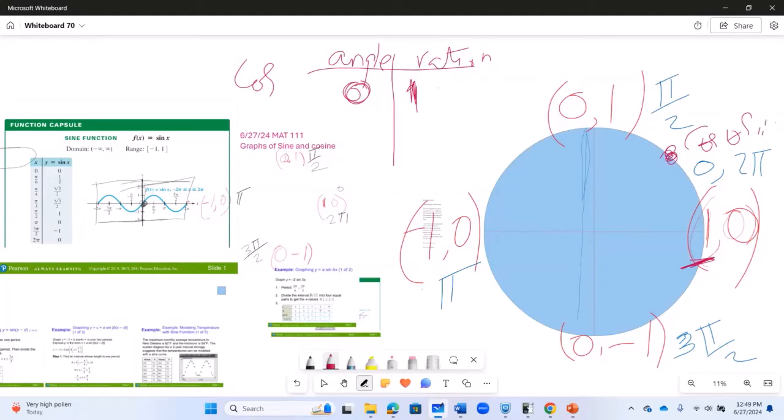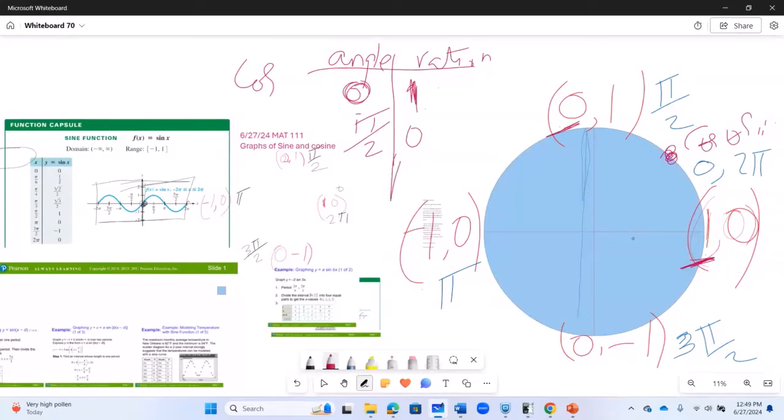So cosine of 0 degrees is 1. Cosine of 90 degrees is 0. Let me continue working in radian. So cosine of pi over 2 is 0 because it's the first coordinate.